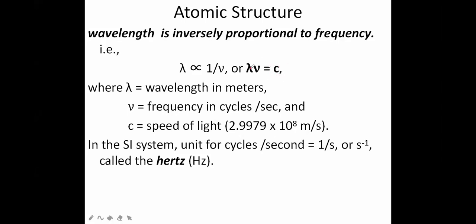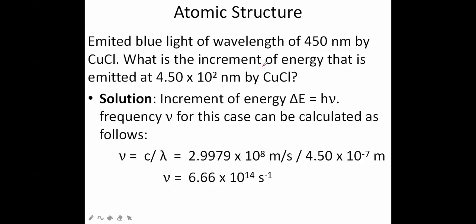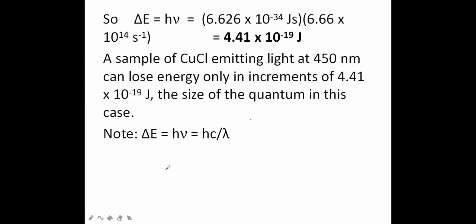So we make frequency the subject of the formula, and we will have v is equal to c over wavelength, which is blending with our data given in the question. Once you find v, then you multiply with h, which is Planck's constant.